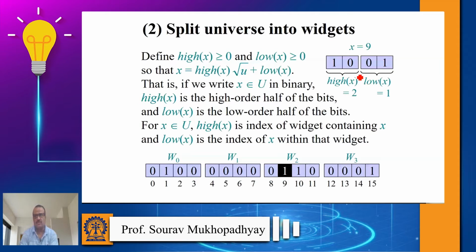The first half, the high part of x, represents the widget number, the subarray where you should go, and the remaining half, the least significant bits, is low of x, which represents the position of that element in that subarray. That's all. This is how we do insertion and deletion, I mean how to locate the element in that splitting.